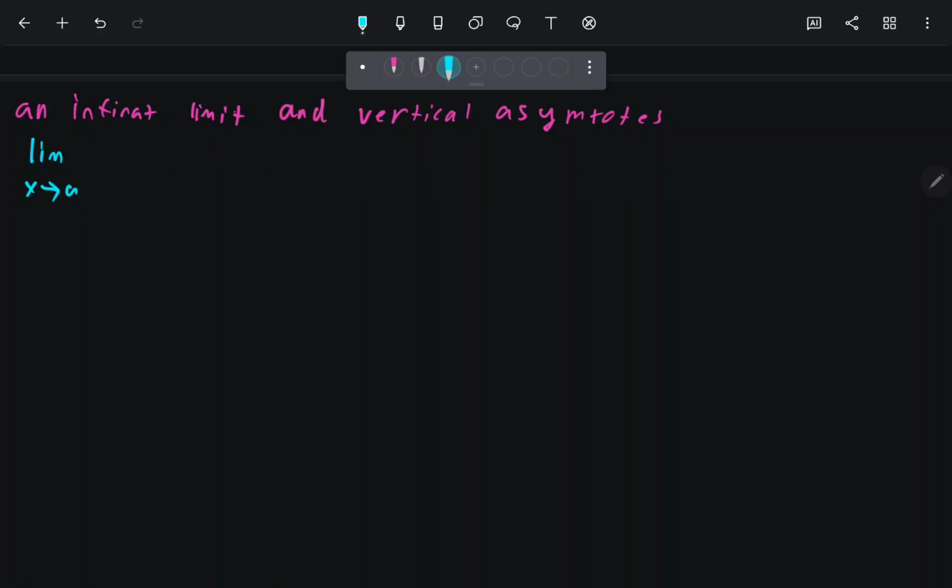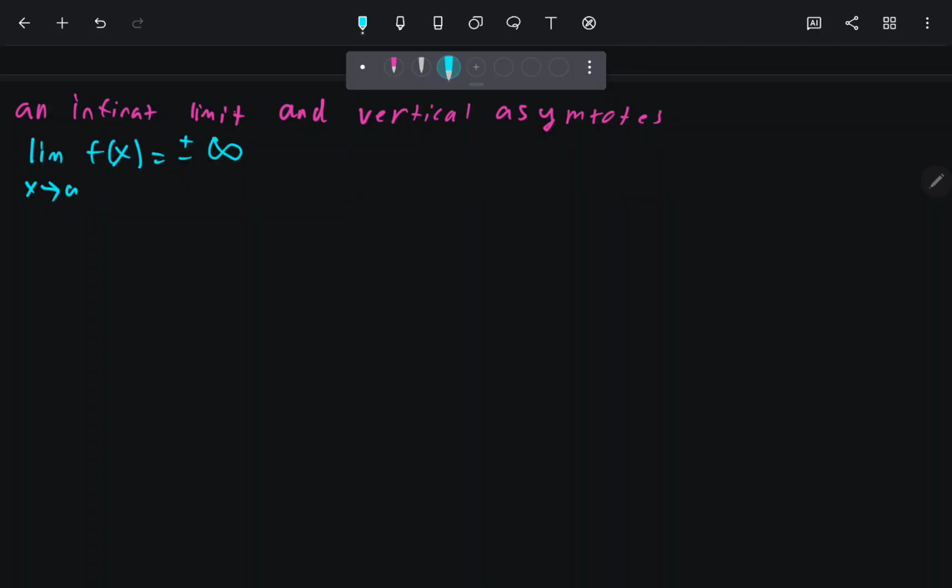But what happens if the value gets really big or really small at this value of x? Let's say there's an asymptote. Well, the value of f of x is going to approach infinity or -infinity whenever it's approaching a. And that's the idea of an infinite limit.